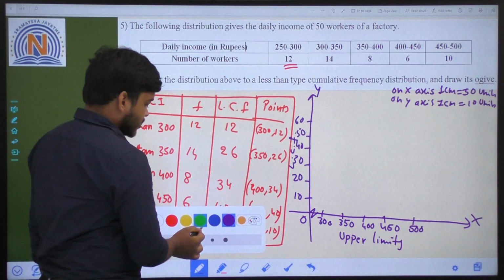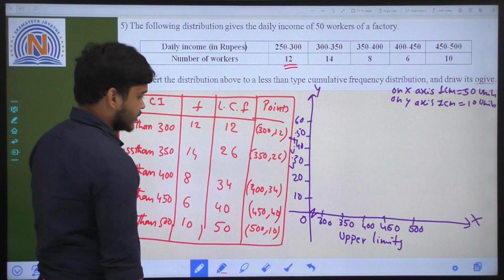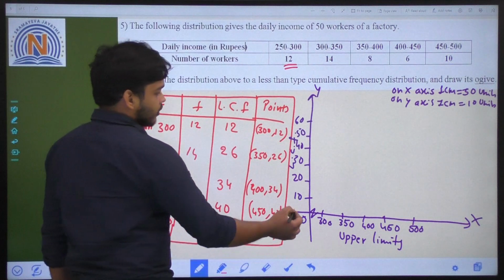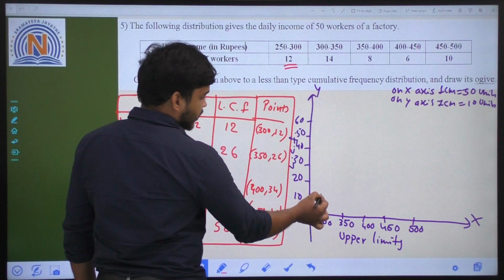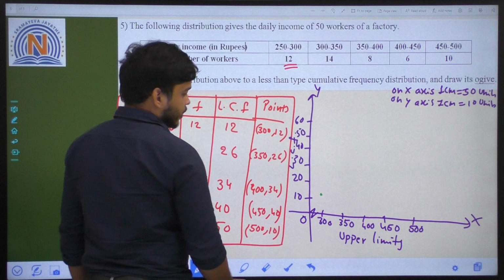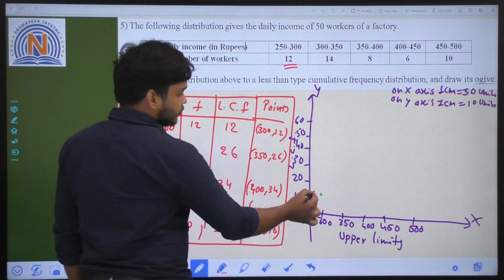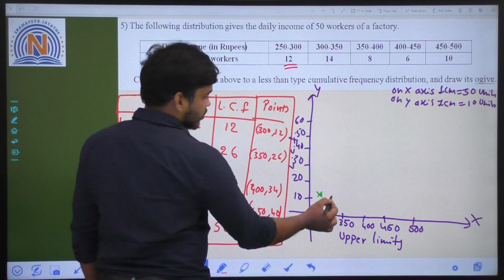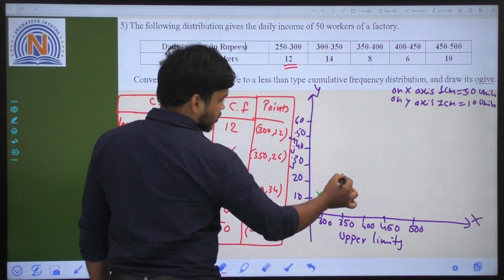So now I'm constructing. First look at the points. The first point is 300 comma 12, so let it be, this is the point. And the next one is 350 to 26, so 26 here.